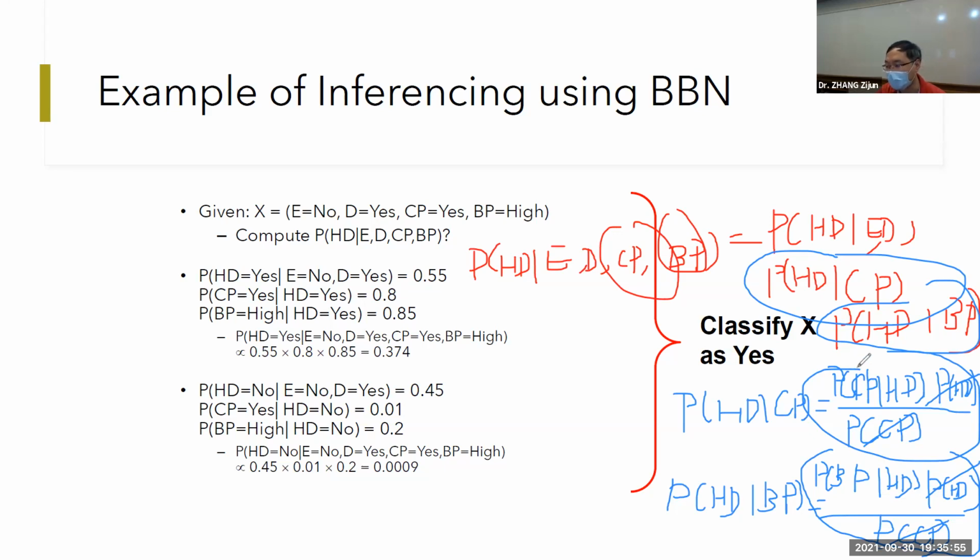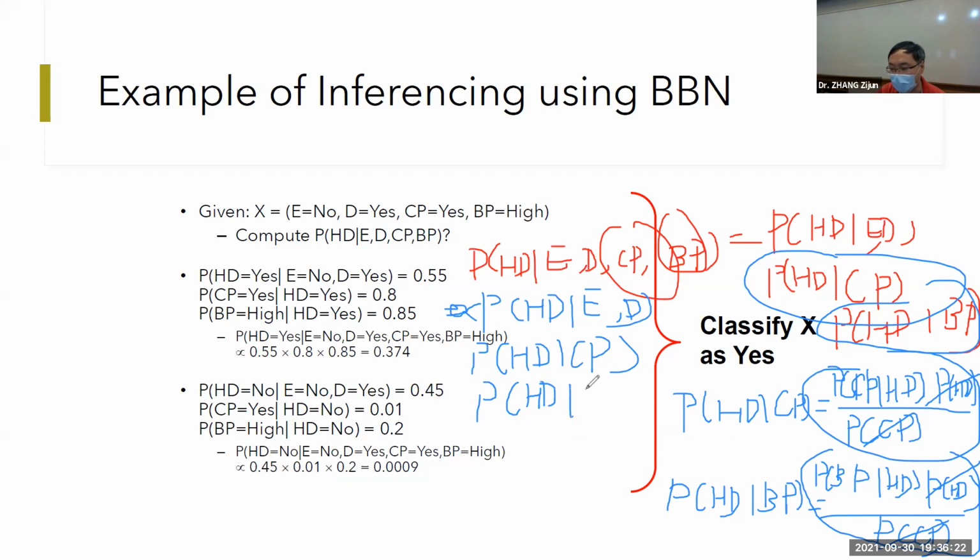The remaining ones become proportional to P(HD | E, D) multiplied by P(HD | CP) multiplied by P(HD | BP). So we can say this term is proportional to these three multiplications.